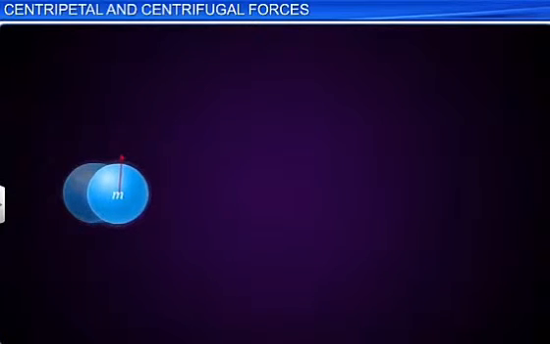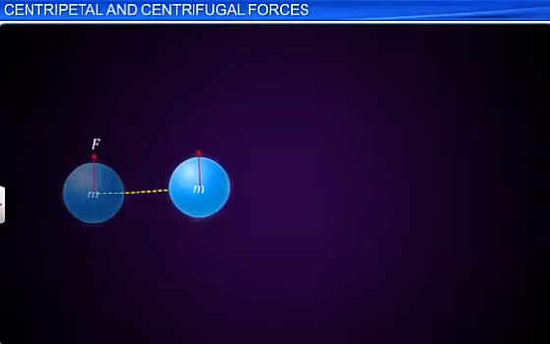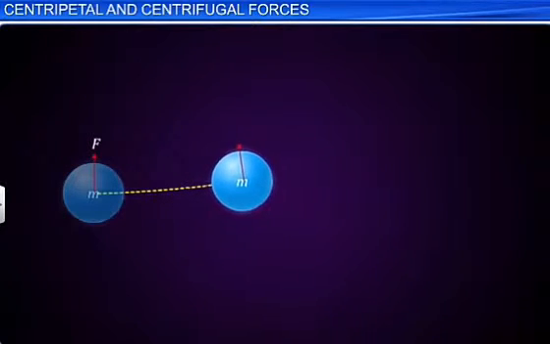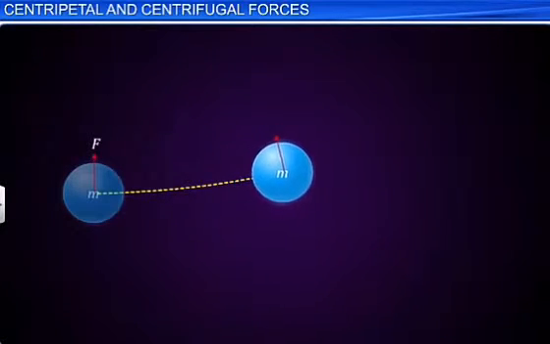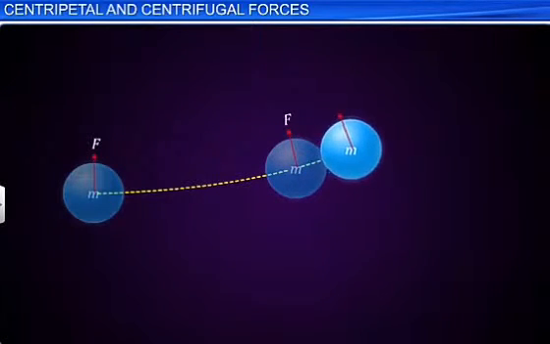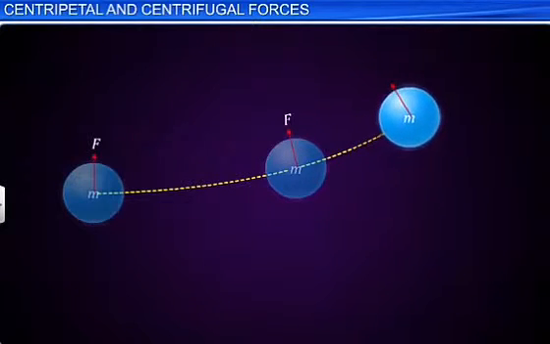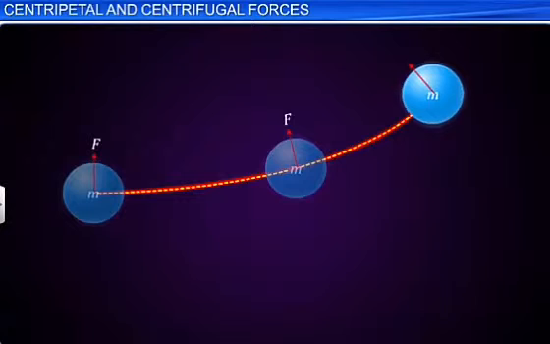On the other hand, if the force is acting perpendicular to the motion of the particle, then there will be no change in the speed of the particle, but it will be deflected from its straight line path. This makes the particle move along a curved path.